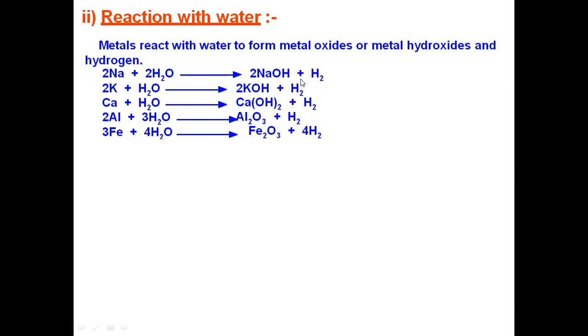In all these reactions, one thing is common, that is the liberation of hydrogen gas. So most metals combine with water and form the corresponding metal hydroxide, and along with that there is a formation of hydrogen gas.